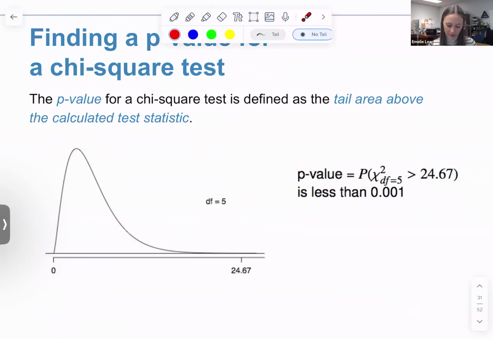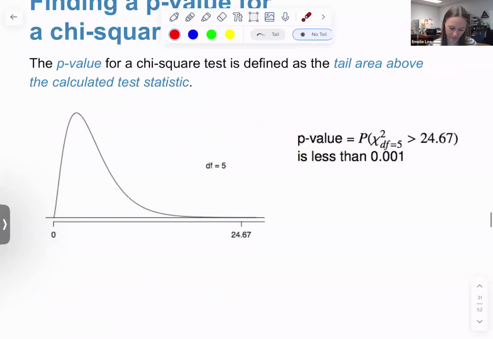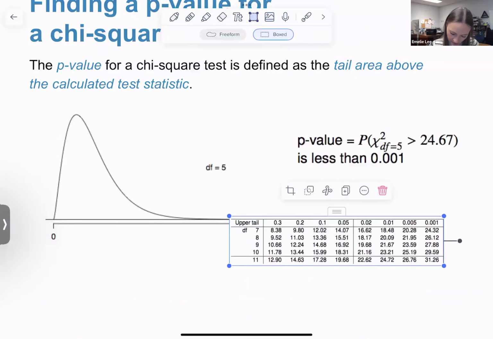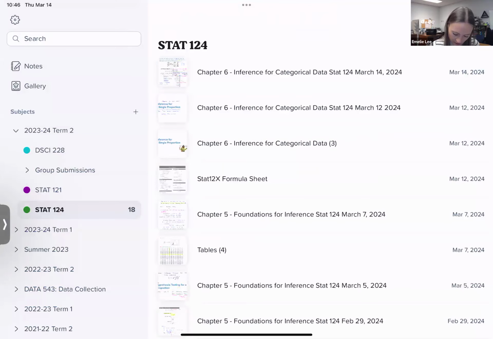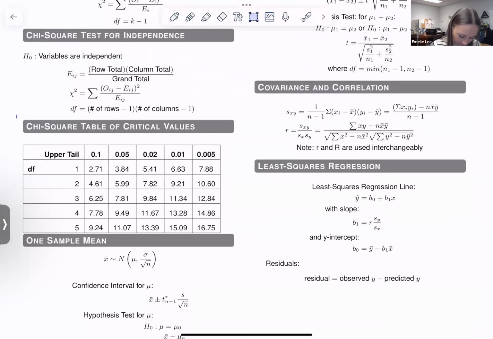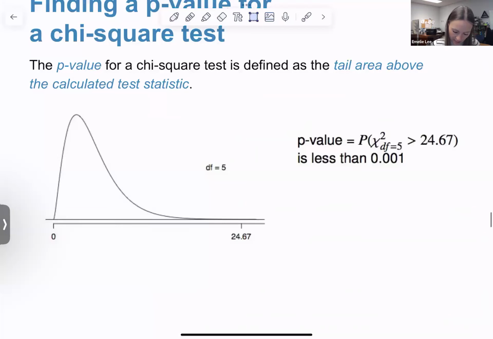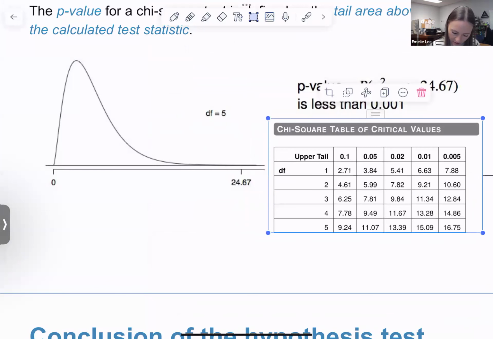The p-value is going to be the tail area above the test statistic. Okay? And from the formula sheet, let's use that table, just for some practice using this condensed table, right?